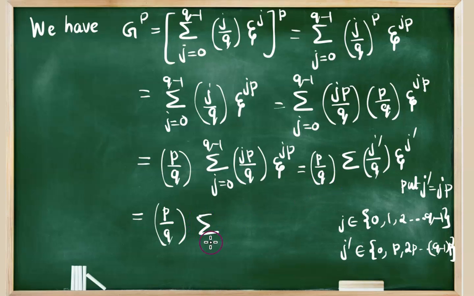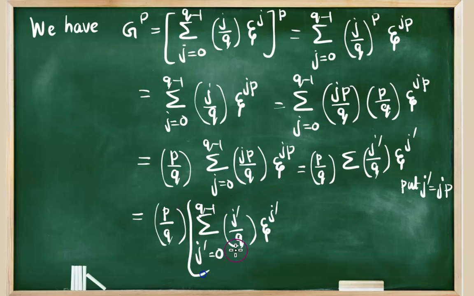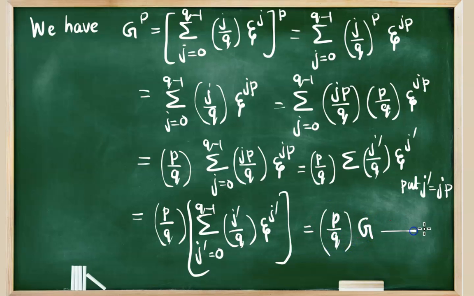summation over j dash varying from 0 to q minus 1, j dash by q into theta raised to j dash. When we compare this sum with the definition of g, we can see that this sum is in fact equal to g itself. So we can write Legendre symbol p by q into g. So we have obtained that g raised to p is also equal to Legendre symbol p by q into g.